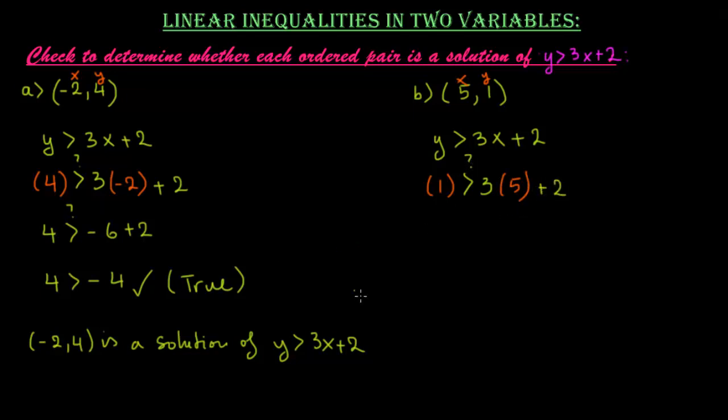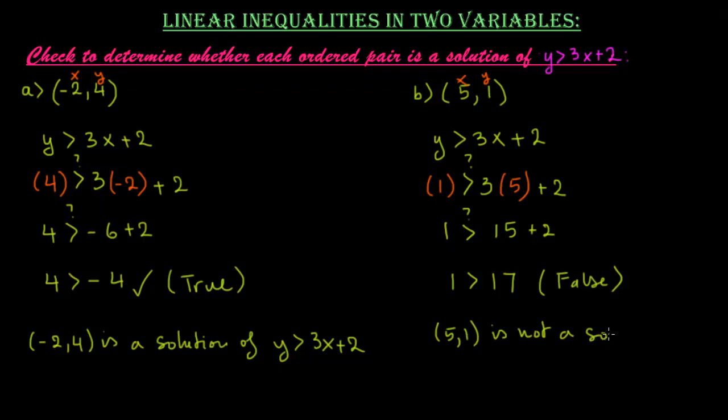So we have 1 greater than 3 times 5, which gives 15, plus 2, so 1 greater than 17, which is a false statement. Since it's false, 5 and 1 is not a solution of the inequality y greater than 3x plus 2.